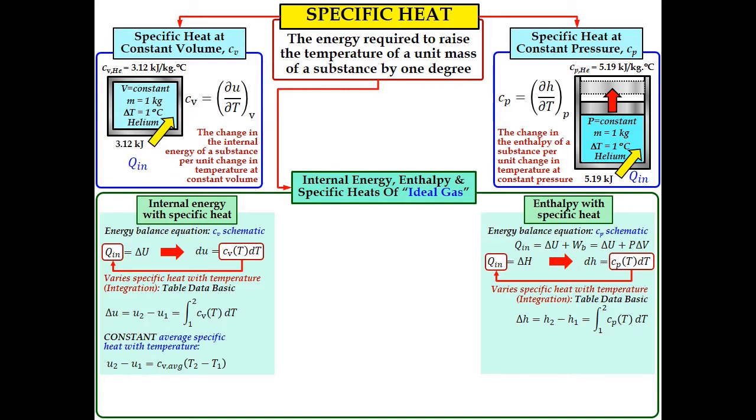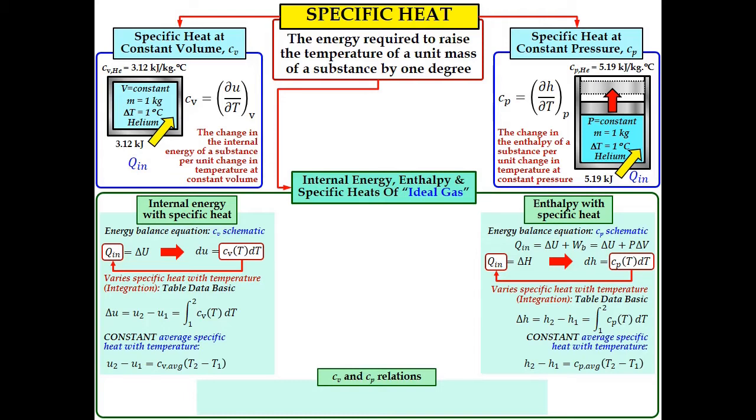For this equation, the value of Cp is not constant and will change if the temperature changes. For constant average specific heat, the value of Cp does not depend on the temperature, so H2 minus H1 equal to Cp average multiplied by T2 minus T1. Same as Cv average, Cp average can also be obtained from the table in thermodynamic textbooks for different types of gas.